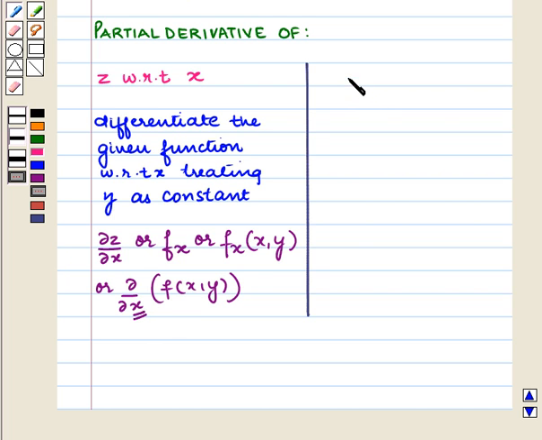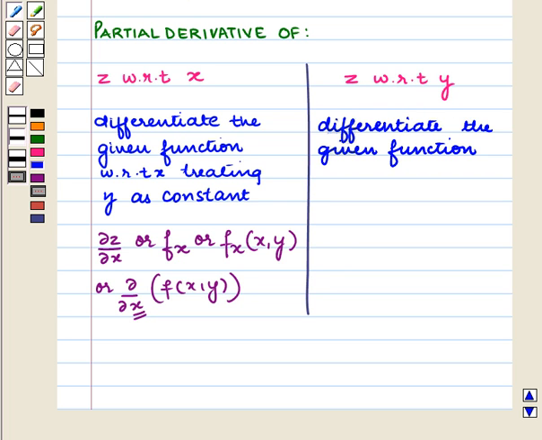Similarly, to find the partial derivative of the function z with respect to the independent variable y, we differentiate the given function with respect to y, treating the other independent variable x as constant.